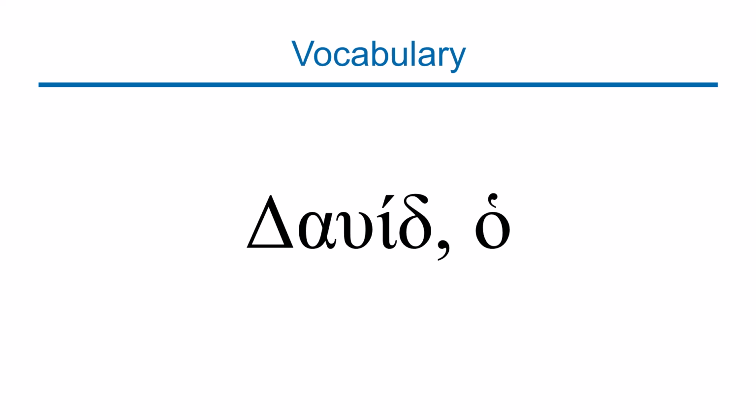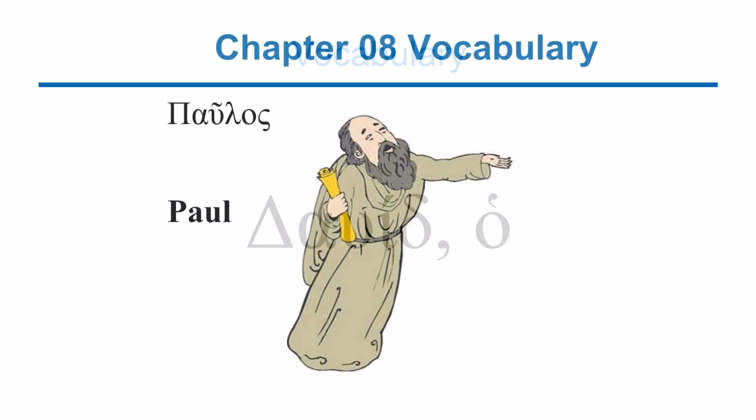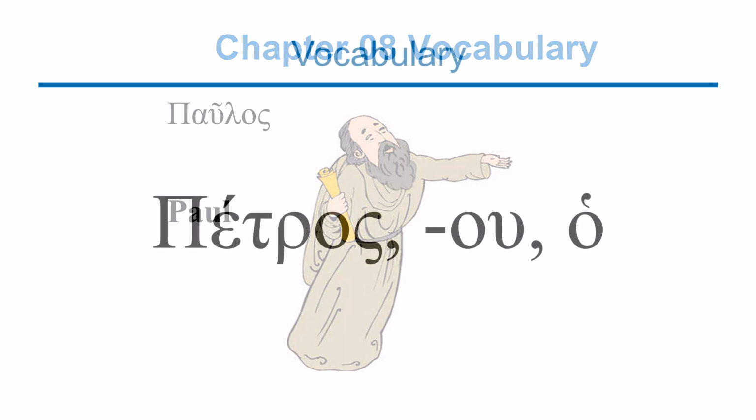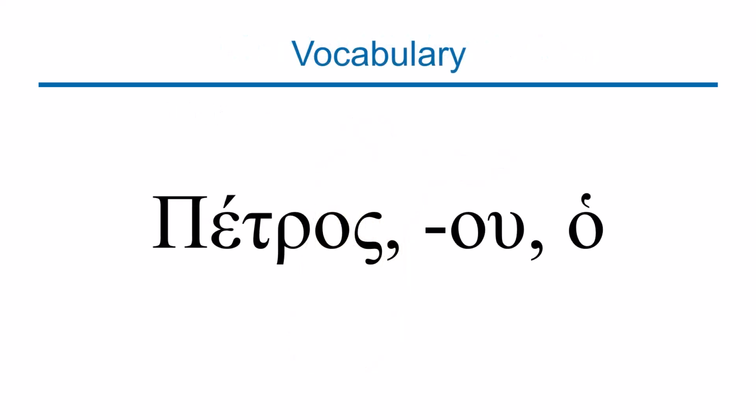That first letter is capital D. Next word is Paulos, with a capital P. Paulos means Paul. Next word is Petros, again with a capital P. Petros means Peter.